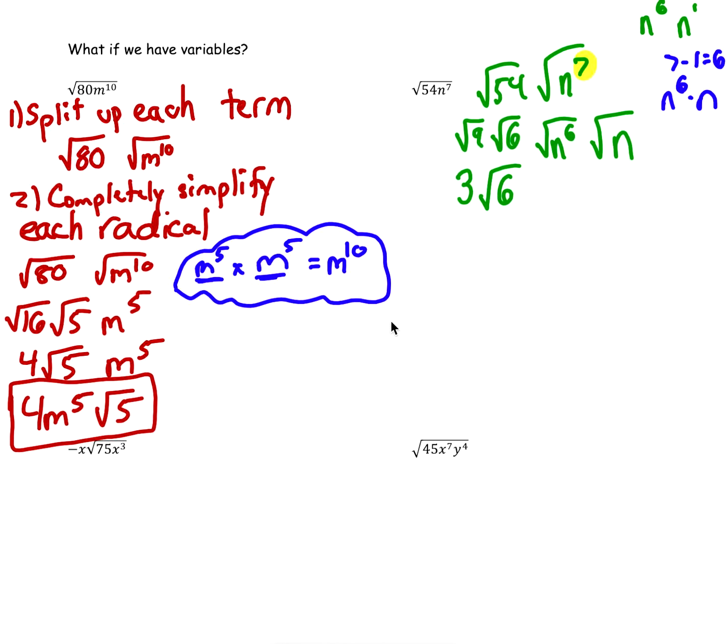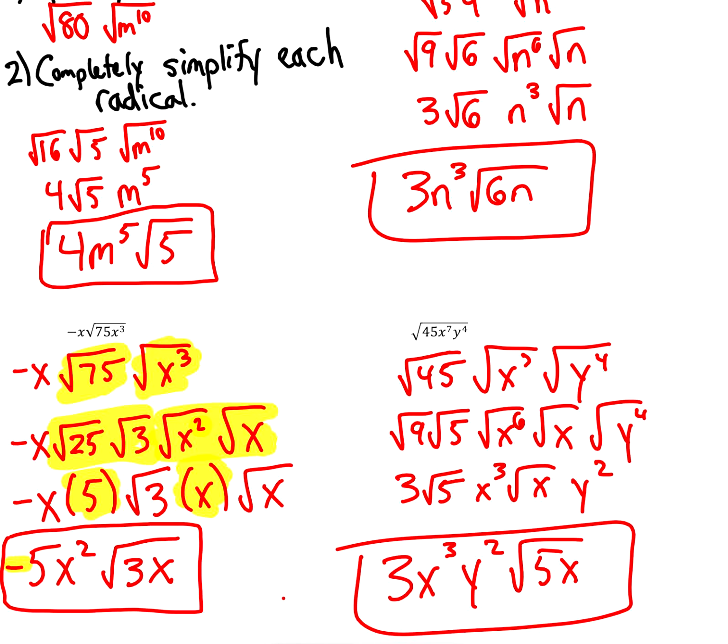That's the highest perfect square that goes in x to the 3rd, which is just subtracting 1 from the 3 to get the exponent of 2. And then to simplify from there, radical 25 becomes 5. Radical x squared becomes x. You bring those out in front, x times x is x squared. Don't forget the negative. And that's how we would simplify that.